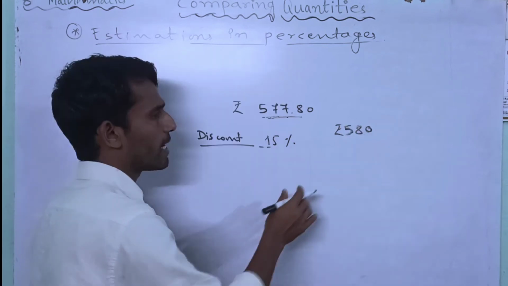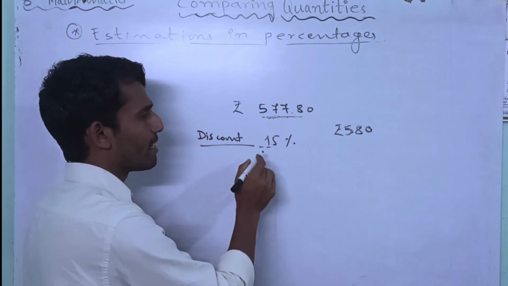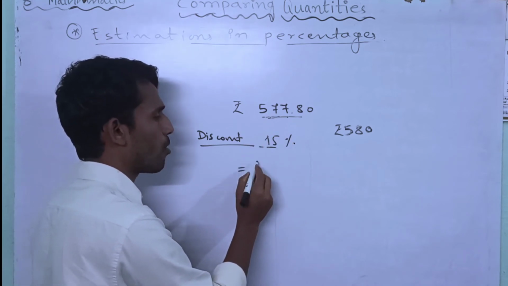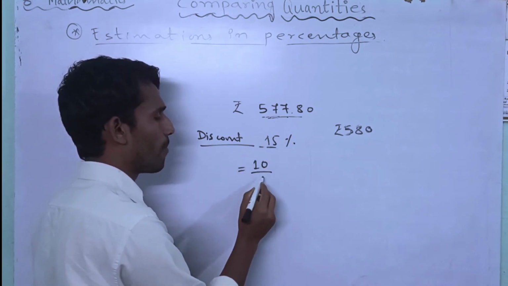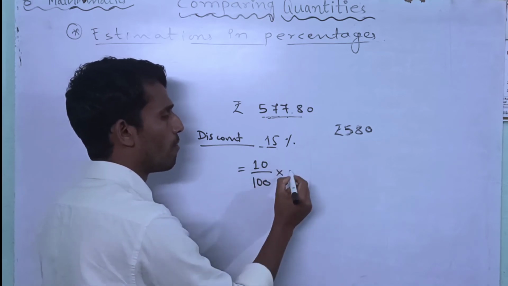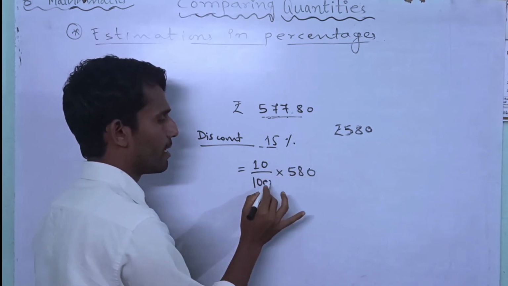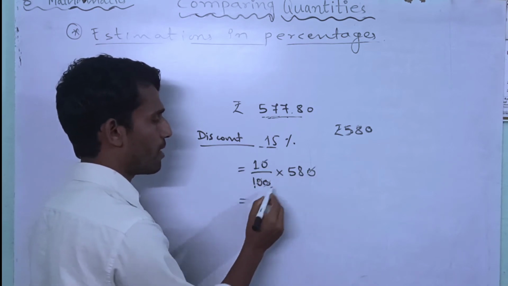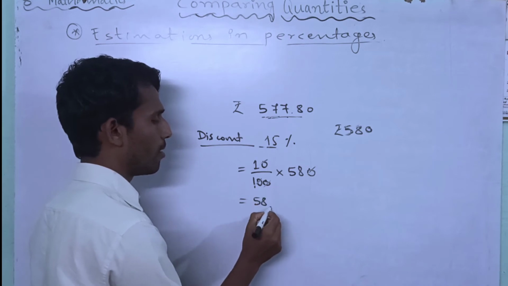Next, we have to find 10%, since 15% is given. First we find 10%: 10 by 100 into 580. Here the 0 gets cancelled, and we get 58 rupees.